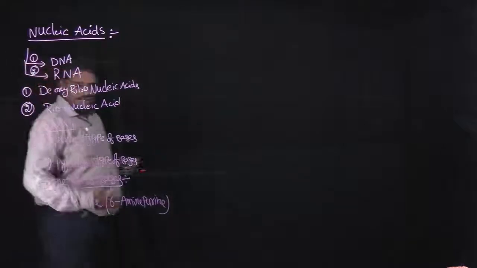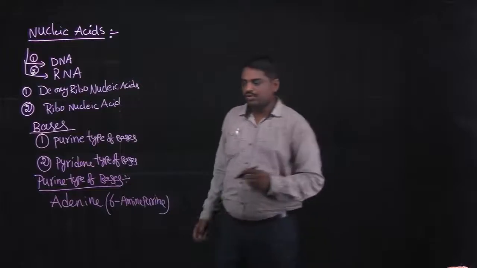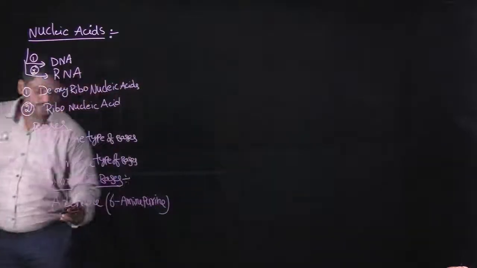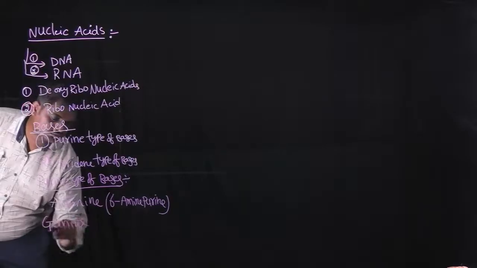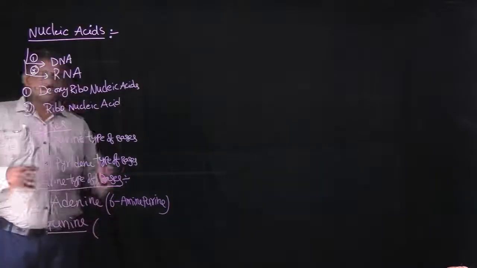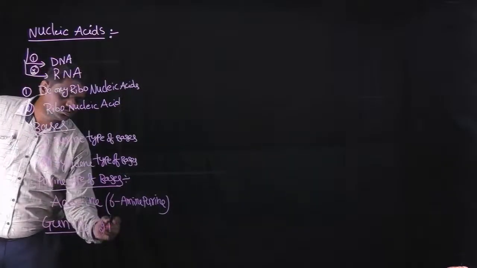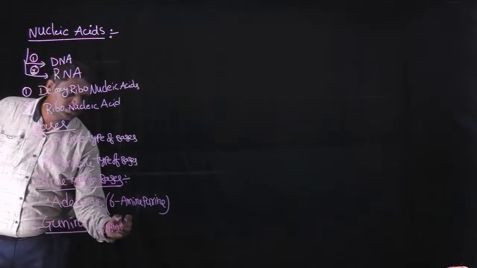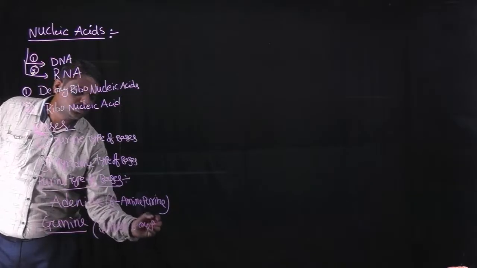And a second base related to purine type of bases, guanine. The chemical name of guanine is 2-amino 6-oxopurine.